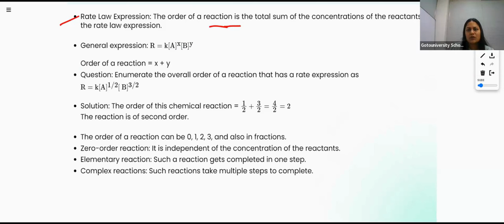This is how we are going to calculate order of reaction, which is very easy. We just add or sum the powers of the concentrations of the reactants as given in the rate law expression, right? So let us see one more example that is given here. Here rate is given, and the exponents are given on the reactant side. How are we going to find the order of reaction?